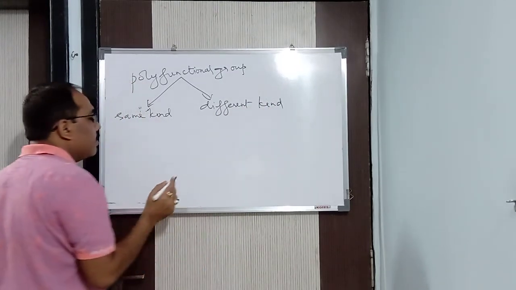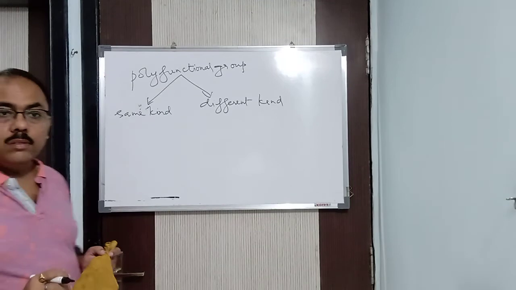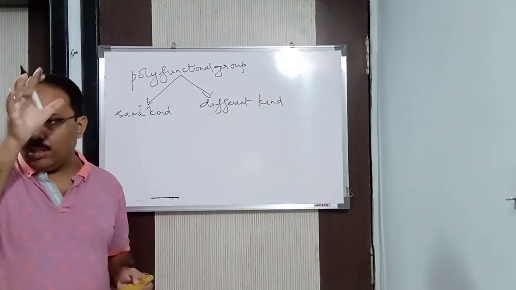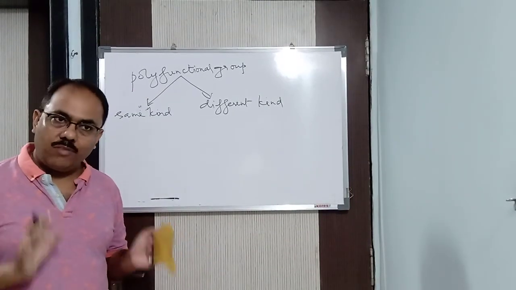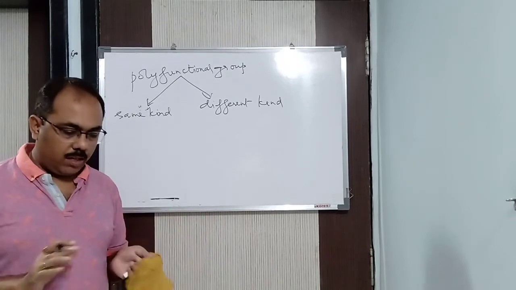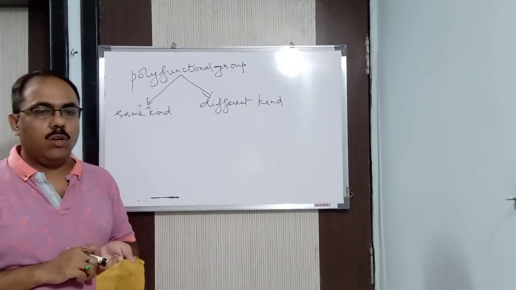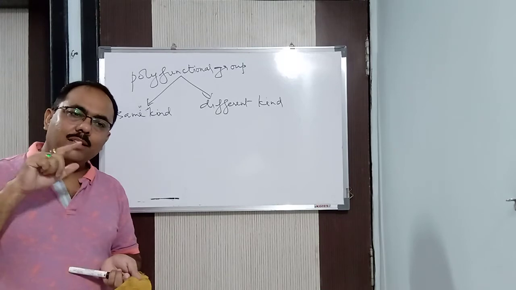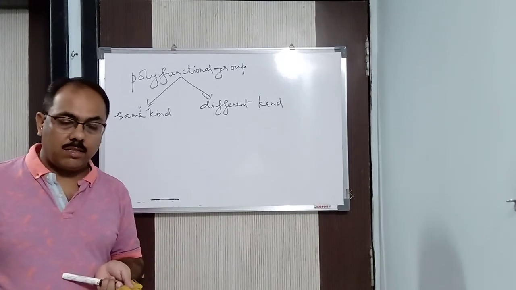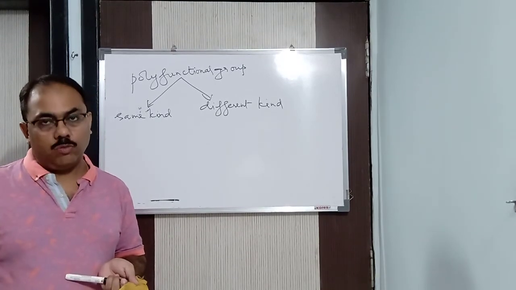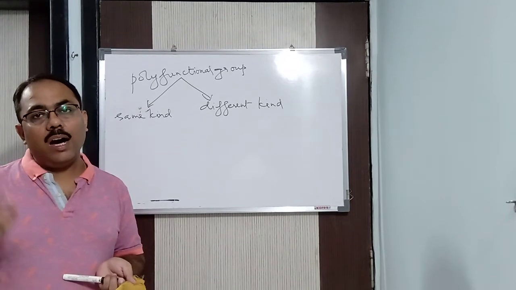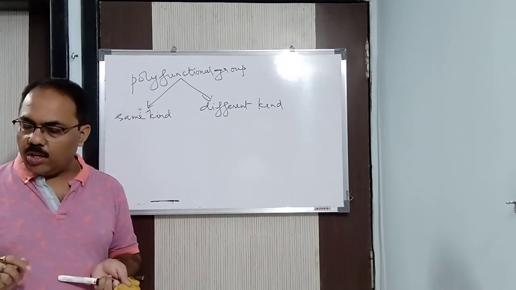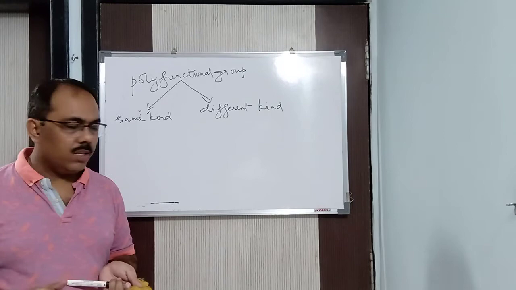Now same kind means, suppose all are OH. All are alcohol. Means more than one functional group is present there, but suppose all are alcohol, OH group. Or all are nitriles, CN. Or all are CHO, aldehyde. Or all are COOH, that is carboxylic acid.